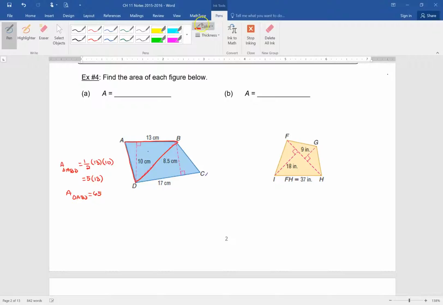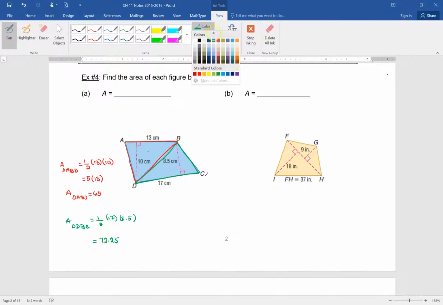Okay. Similarly, we want to find the area of triangle DBC. So the area of triangle DBC is equal to half times its base, which is 17, times its height, which is 8.5. The area here is equal to 72.25.